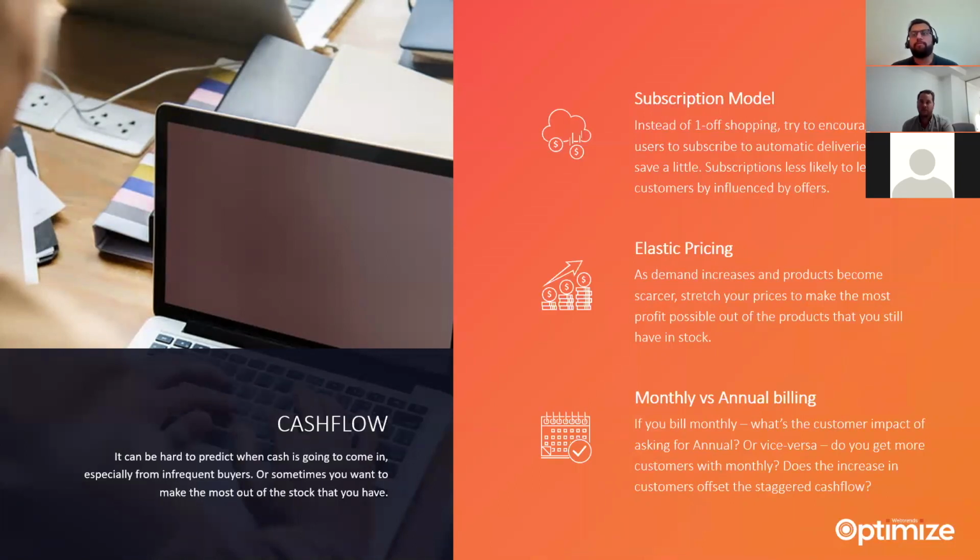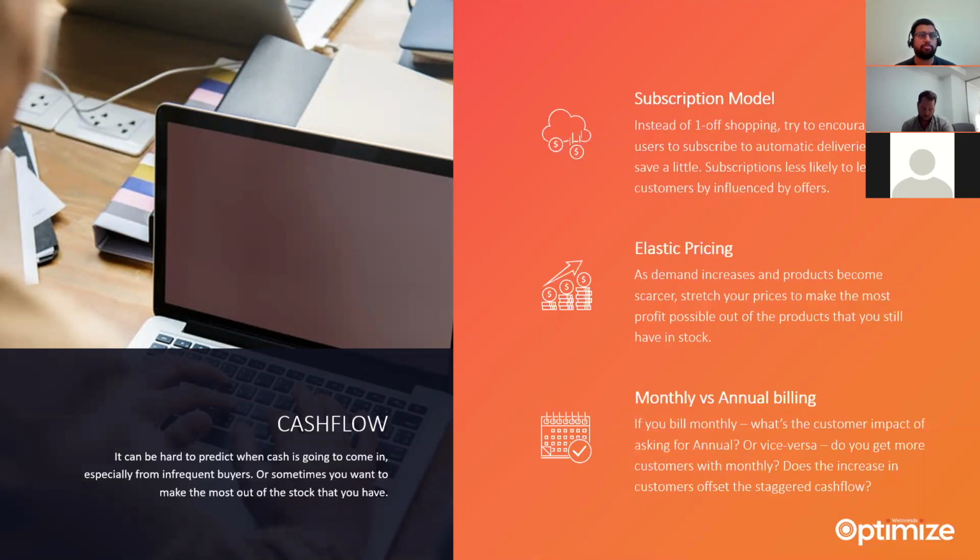So if you think about cash flows being the problem, it's hard to predict when it's coming in, especially if people buy in frequently. What sort of things can you advise people as a CRO person to do to deal with that? Subscription models and trying to encourage people down that journey could be one. Instead of one-off shopping, for example, we could be trying to encourage people to use automatic deliveries.